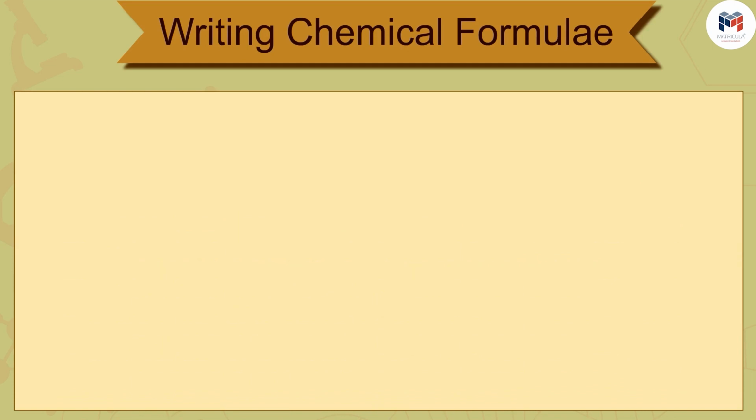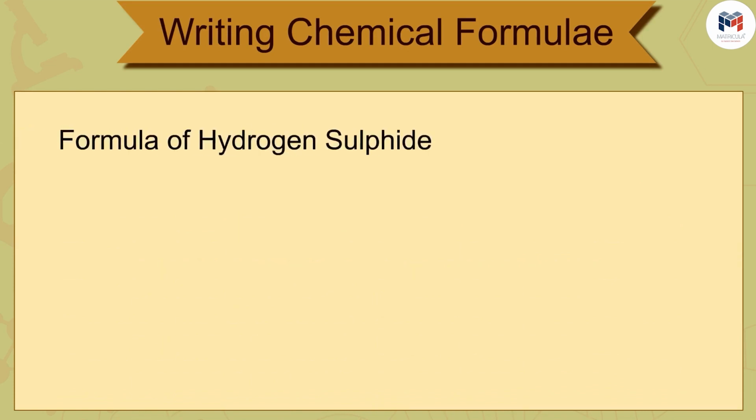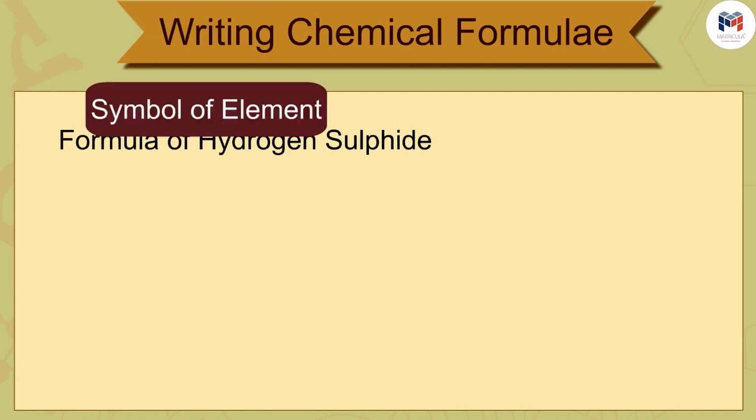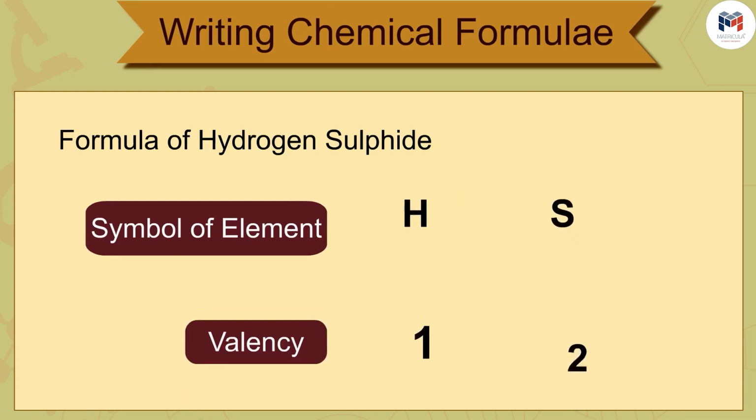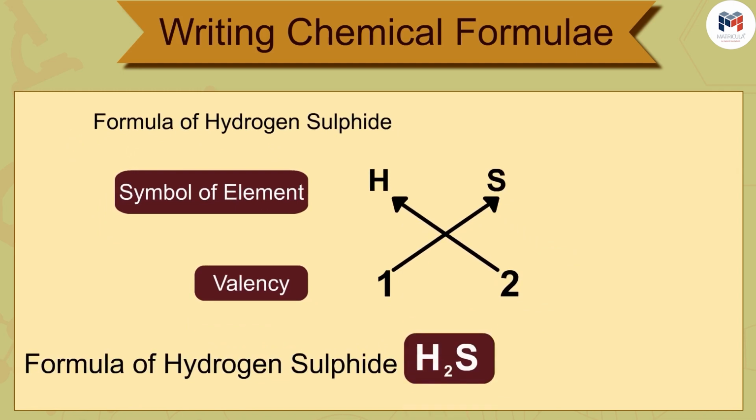For example, when writing formulae for molecular compounds such as hydrogen sulfide, we first consider the constituent elements hydrogen and sulfur. We can write their symbols H and S and valencies 1 and 2 respectively. After that, valencies of compound atoms can be written by crossover, such as H2S.